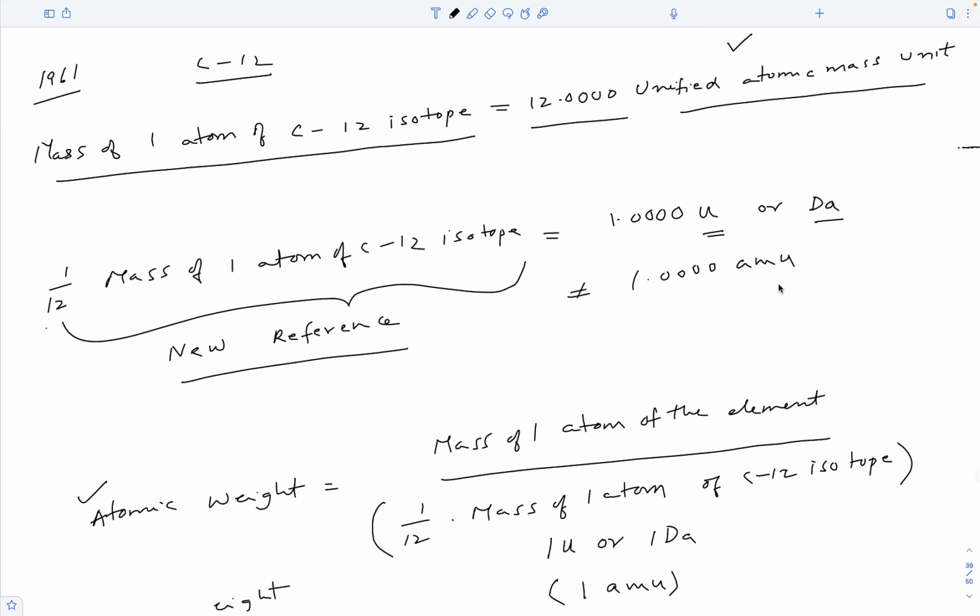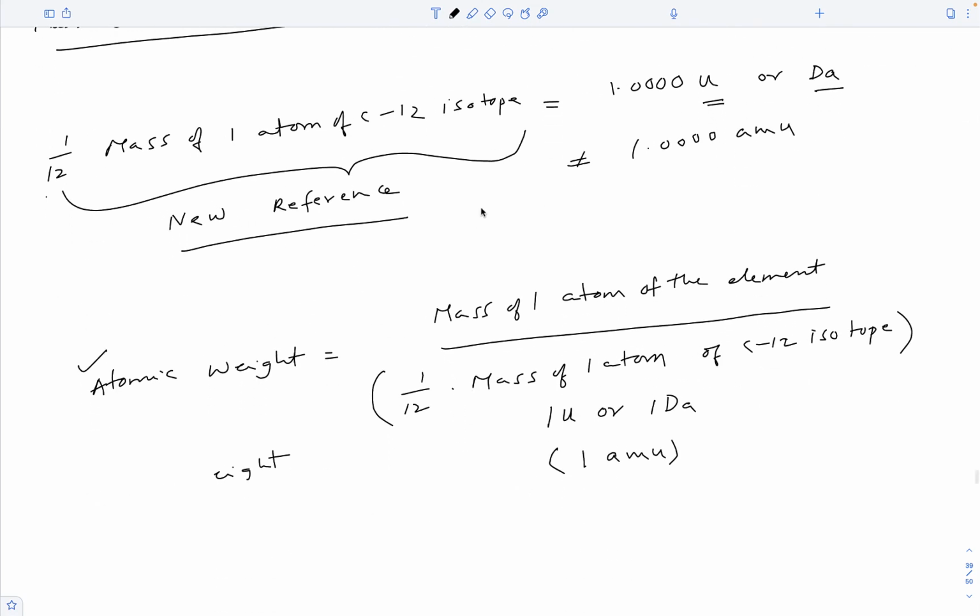And just as they started this new atomic weight scale, they said there is another problem that needs to be fixed. They said they have a problem with the name atomic weight itself. See, whatever we are calling atomic weight is neither mass nor weight. It is not at all a physical quantity.